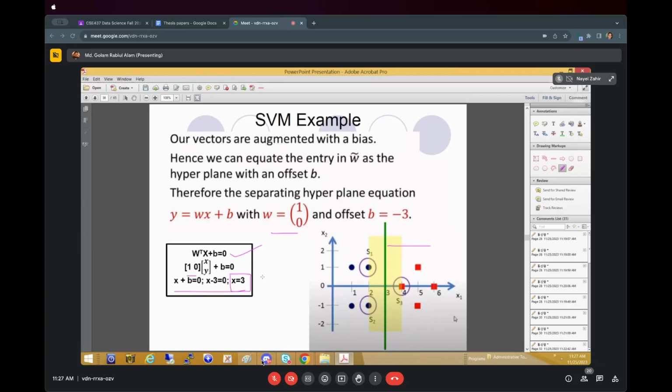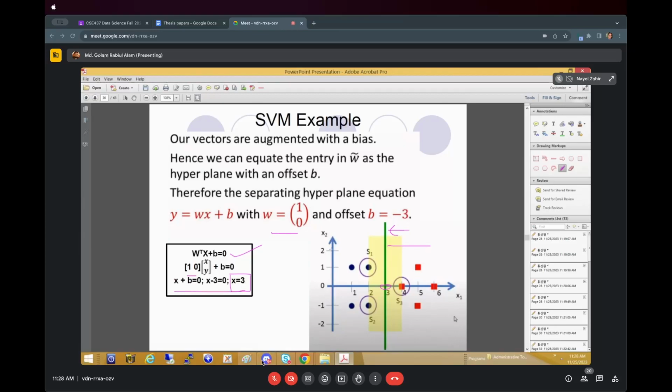So this is our hyperplane equation. This equation is telling us that it is a line parallel to the y-axis at point 3 of the x-axis. So this is parallel to our y-axis, that is x2. So this is our hyperplane.